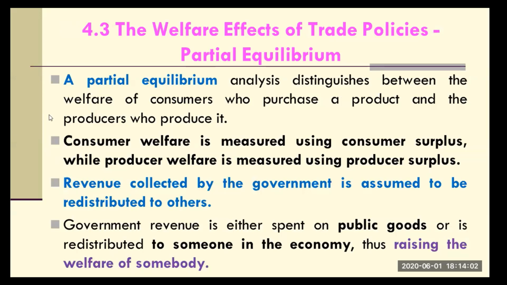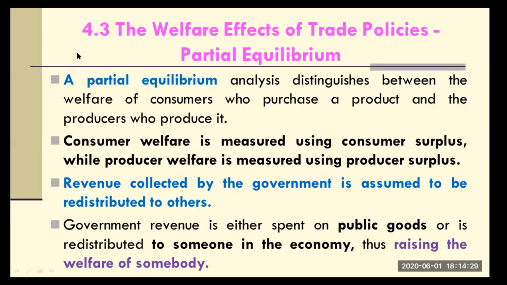So the third point here is the welfare effect of trade policies, with partial equilibrium. A partial equilibrium analysis distinguishes between the welfare of consumers who purchase a product and the producers who produce it.